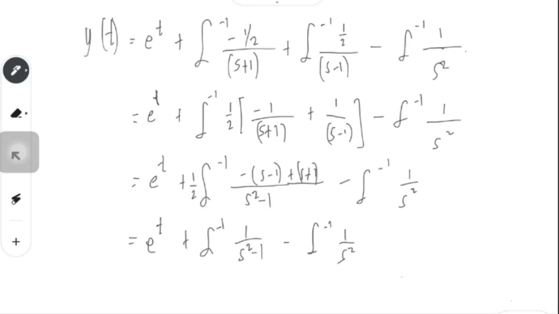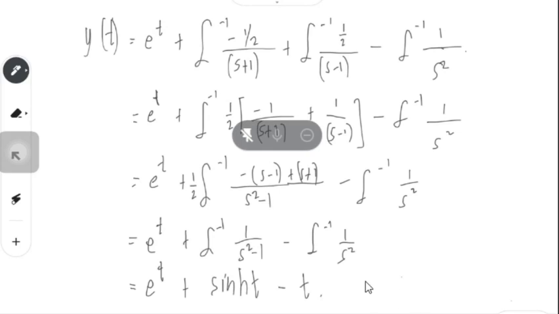Meron na tayong equivalent dito. Pwede na sa table ito. Maiko-compare na natin: A over S squared minus A squared. This is hyperbolic sine of at. With A equal to 1, you have here hyperbolic sine of t. Then, anong inverse Laplace transform ng 1 over S squared? That is t.